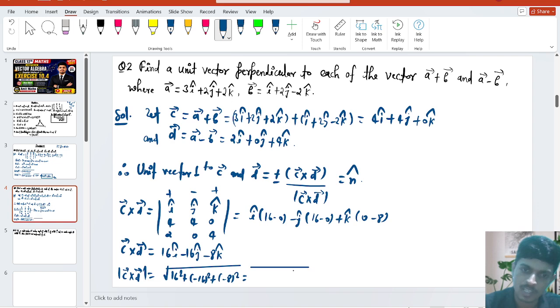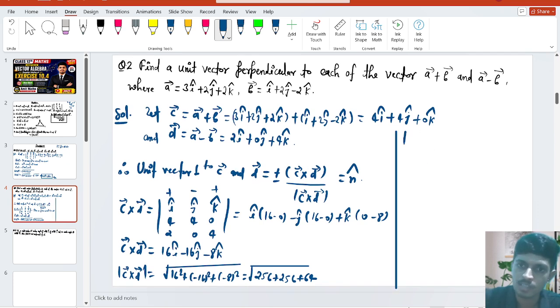Simplifying it, this is 256 plus 256 plus 64, which gives 512 plus 64, that is 576, which equals 24 whole square.